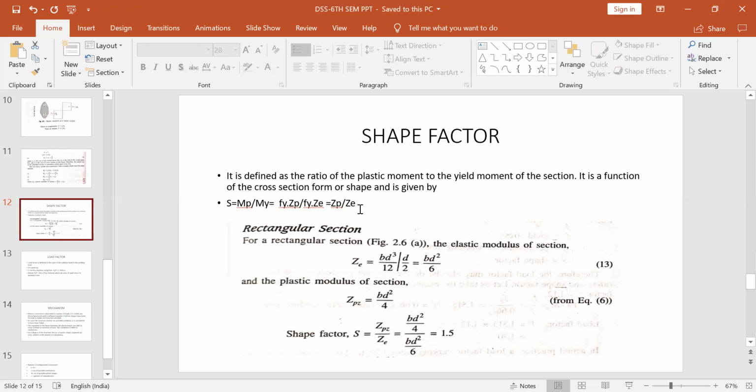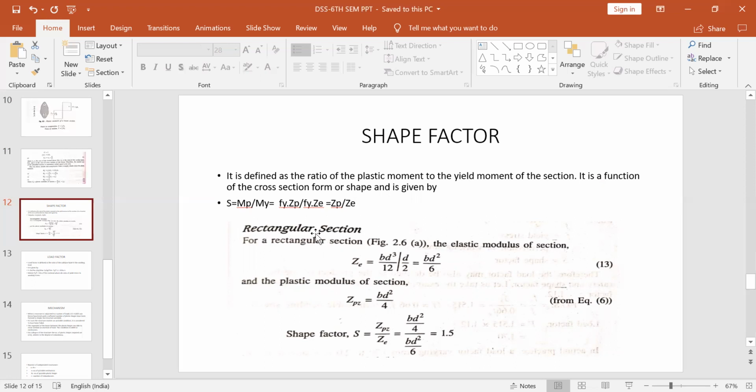Then you need to find the plastic section modulus and the elastic section modulus. For this, you have to find the plastic neutral axis and the elastic neutral axis, both separately. It is a very tedious problem. We will do such design problems, and once we do them, our concept will be clear.